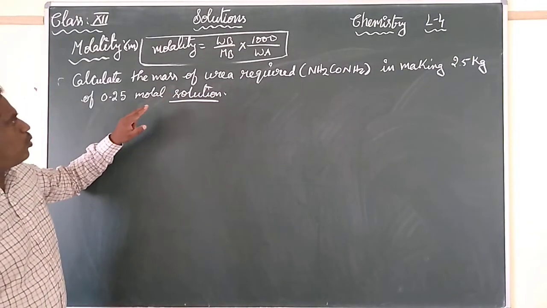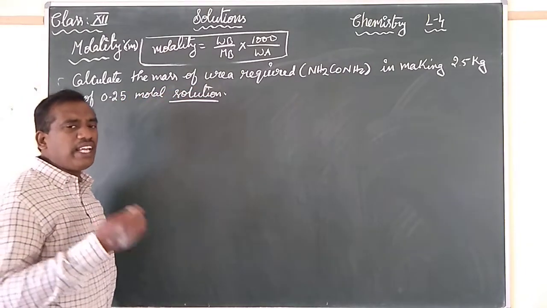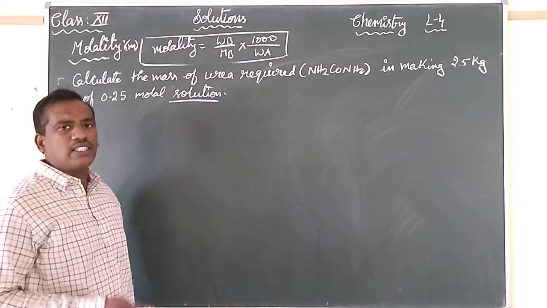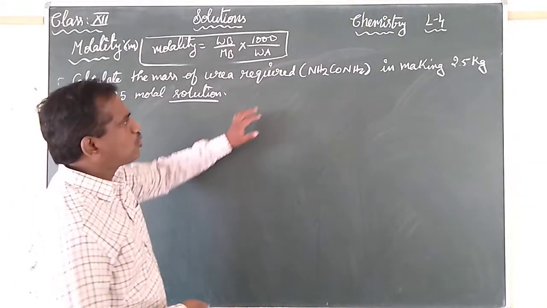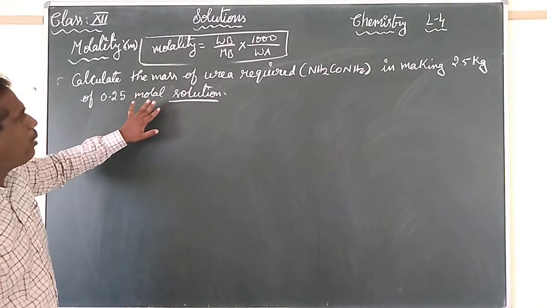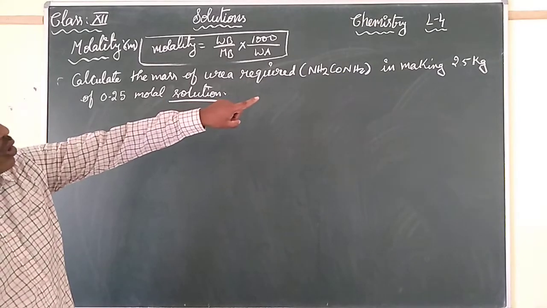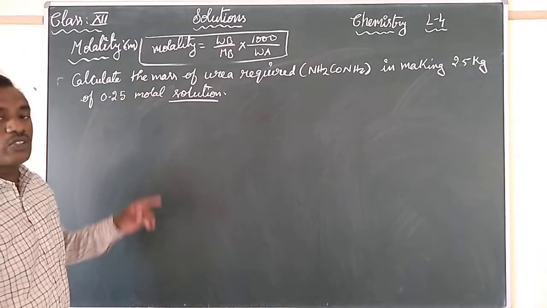So we want to calculate the mass of urea required. Here urea is the solute. Molarity is given. Mass of solution is given, but the solvent is not given.